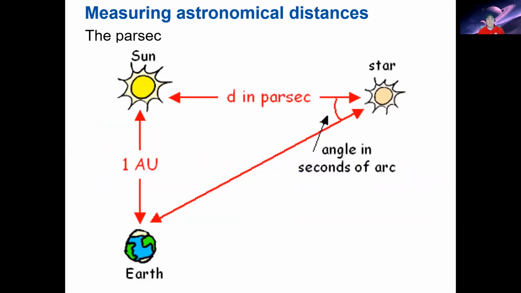Another unit used to measure the vast distances in space is the parsec. A parsec is the distance from the sun to an object that has a 1 arcsecond parallax. The parsec is based on the angle a star shifts over the course of a year.